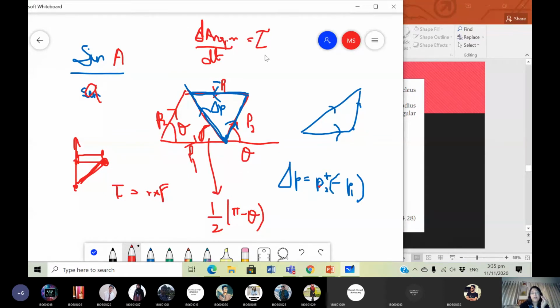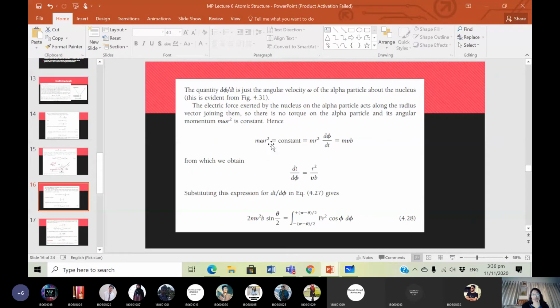Okay? Torque is analogous to force, and angular momentum is analogous to momentum in non-rotational motion. This is non-rotational motion, linear motion, and this is rotational motion. So now, if there's no torque acting on the alpha particle, the angular momentum will be constant. Angular momentum is given by m omega r square, which is constant. So we can write this as m r square d phi by dt.